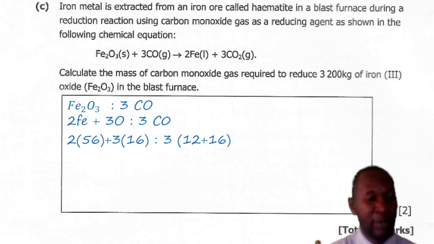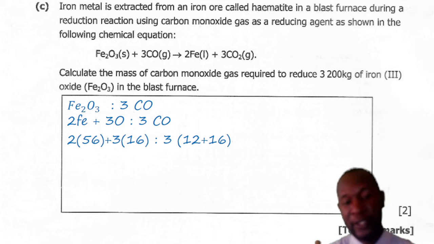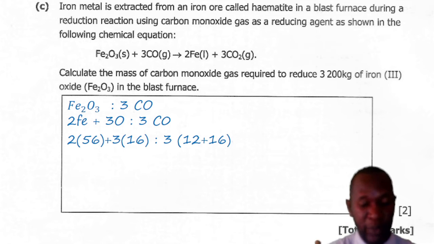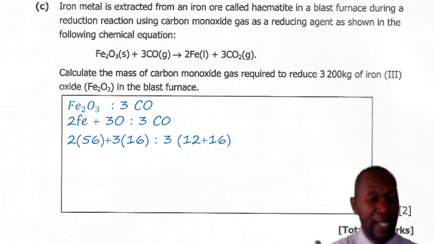Iron is 56, oxygen is 16, carbon is 12, and oxygen 16. Once we multiply and add, the mass of the iron ore is 160, and it reacts with 84.